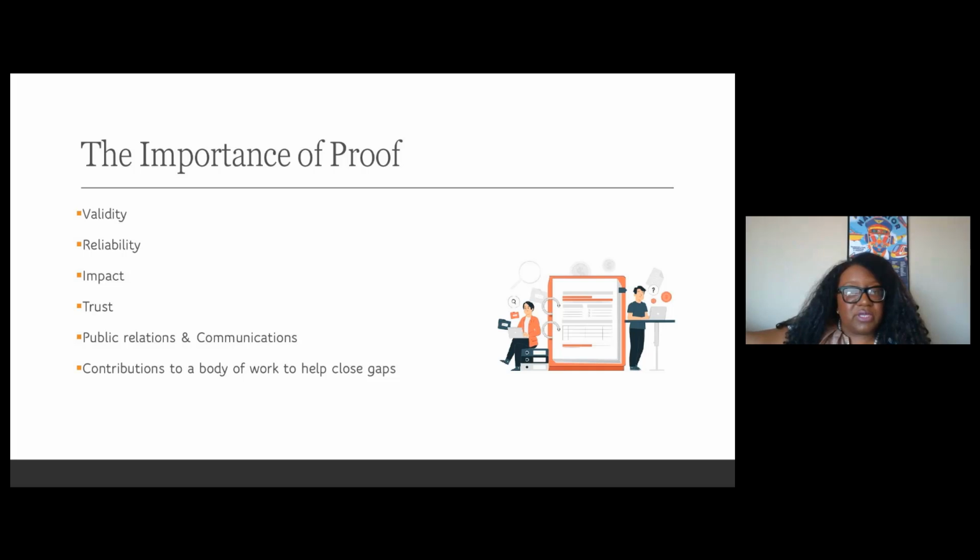The importance of proof is that it provides validity and reliability. It helps us prove impact, right? It builds trust within the community, right? If we are saying we're going to do these things and we don't ever measure them, then how do we know it happened, right?